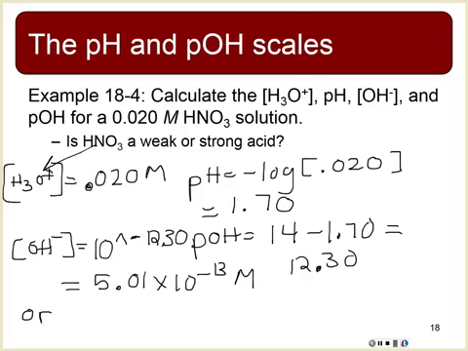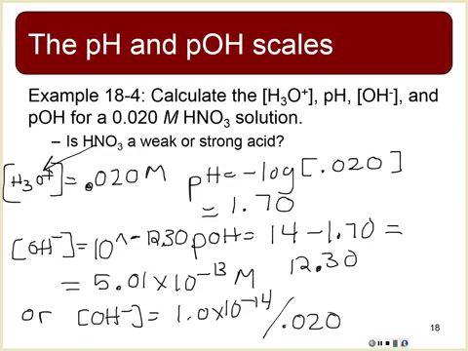Or I could have taken Kw divided by my hydronium concentration, and I get, it may be off by a hundredth or something, I think you get 5.00 instead of 5.01. Not going to be picky there.